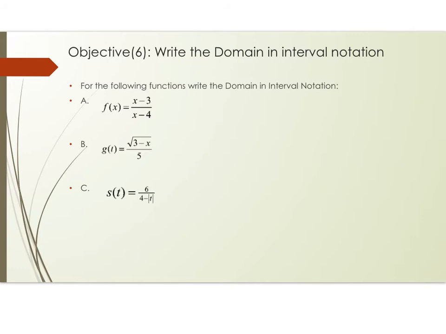And for c, we have s of t is equal to 6 divided by 4 minus the absolute value of t. So I just want you to write the domain. We're not going to talk about ranges here, just the domain. And I want you to pause the video and do the domains for each one of these functions.